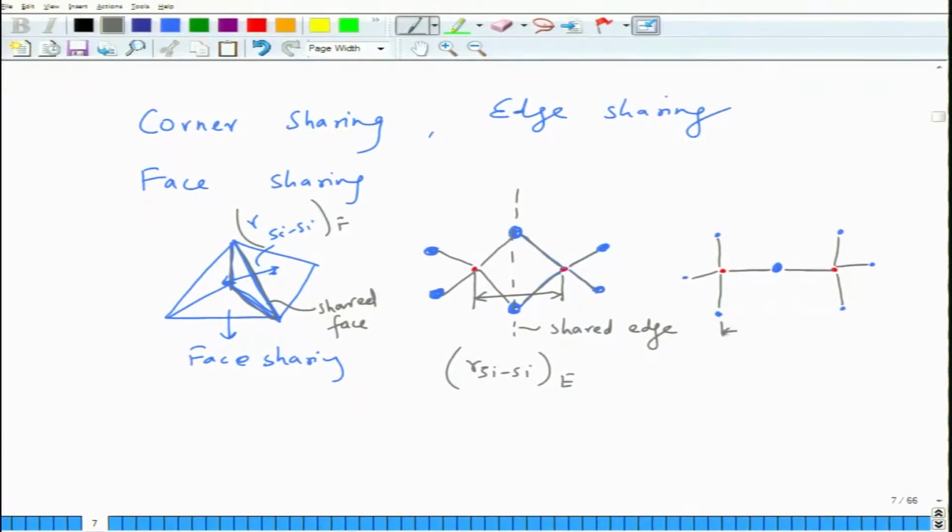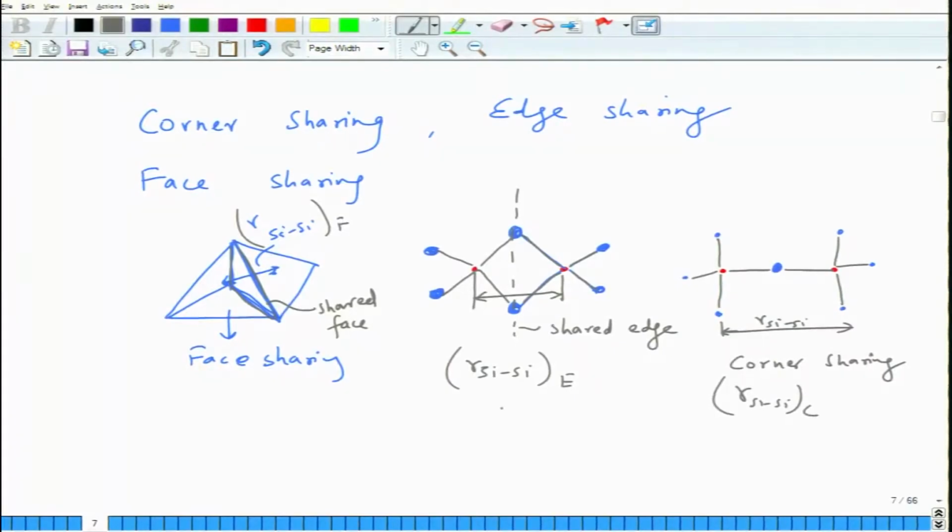So, this distance is now again R_SiSi, and this is again oxygen. This is your corner sharing. This is going to give you again R_SiSi for the corner.